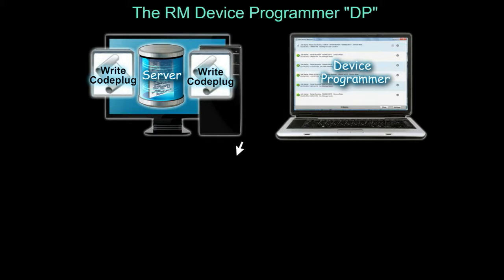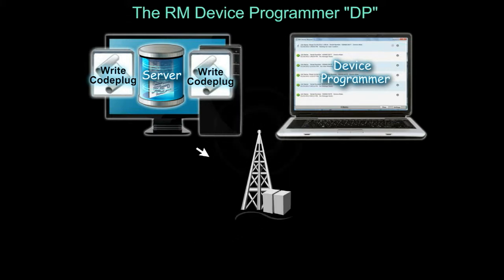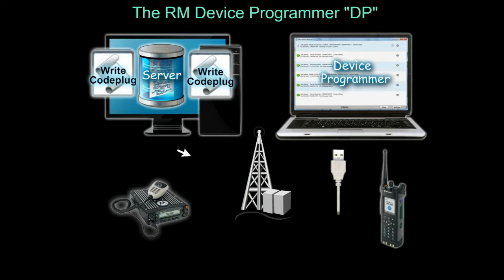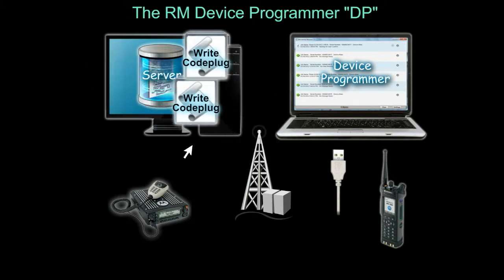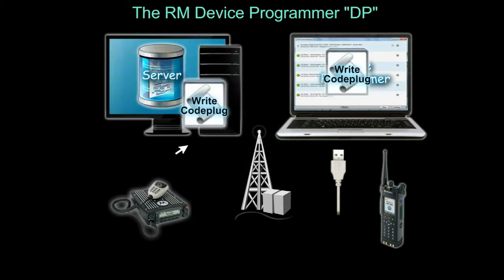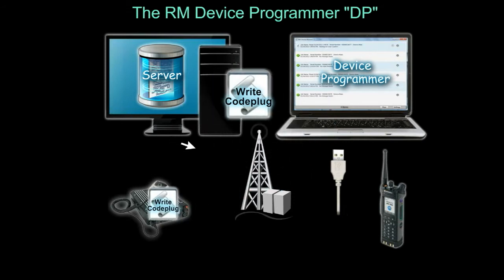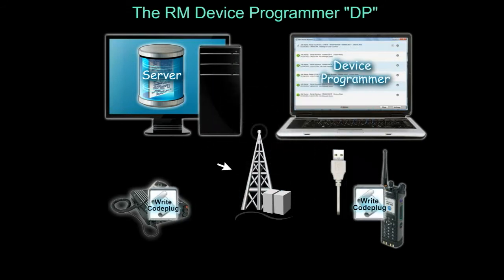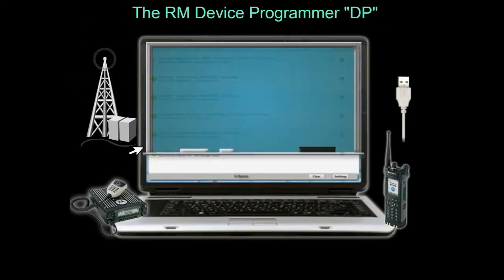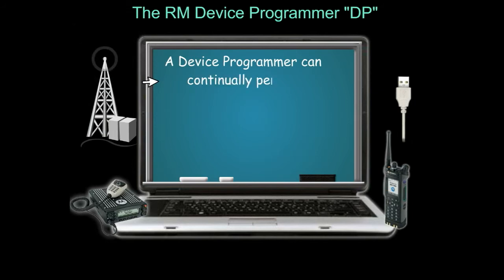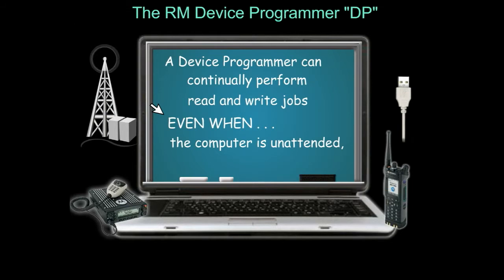Through either an over-the-air connection or a USB connection, once a radio's presence has occurred in the device programmer, waiting jobs may then be performed. Note that a device programmer can continually perform read and write jobs even when the computer is unattended or when a user is not logged on.